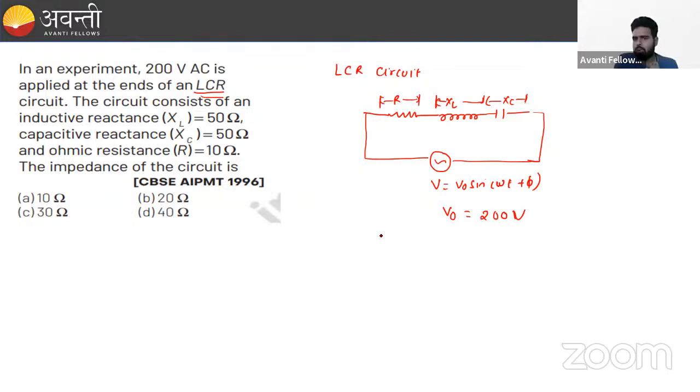In this problem, it is asked to find Z. R is given as 10 ohm, XL is given as 50 ohm, and XC is given as again 50 ohm. If you want to find the value of Z, we know that Z can be written in this manner: the square root of R square plus (XL minus XC) whole square.